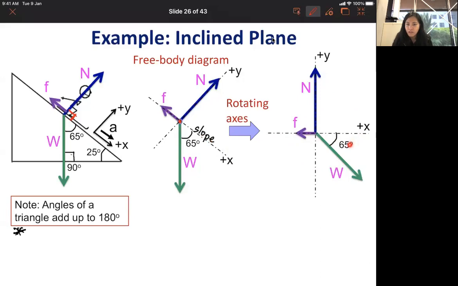The y-axis is along the normal force, because the x-axis and the y-axis should form a 90-degree angle; they should be perpendicular. If you put your x-axis along the slope, then the y-axis should be perpendicular to that, and the normal force is also perpendicular to the slope, so the y-axis is in the same line as the normal force.